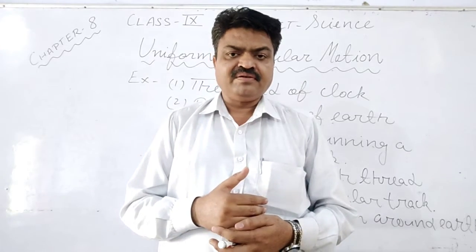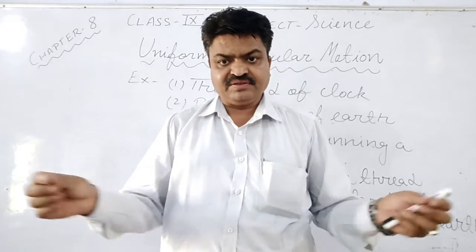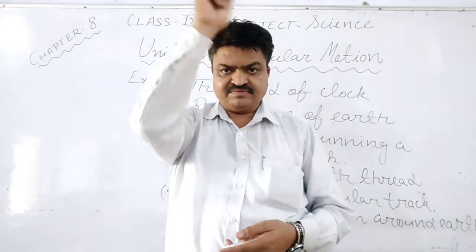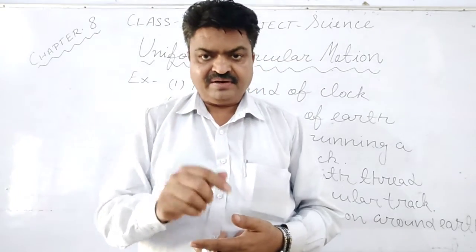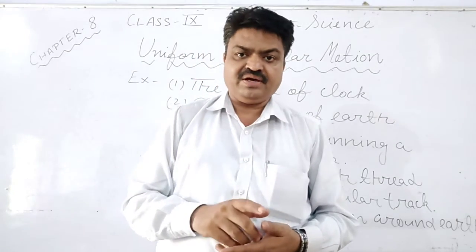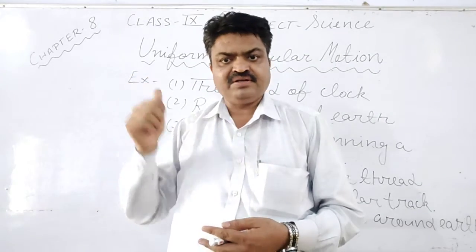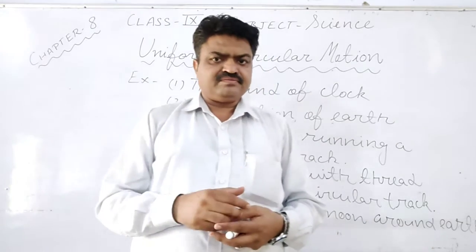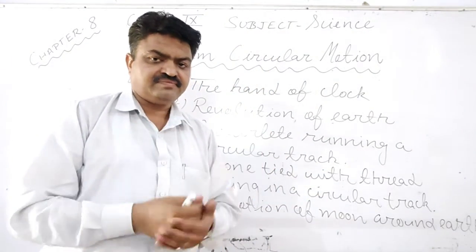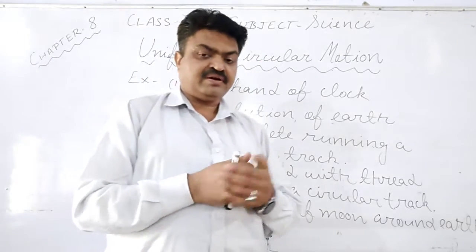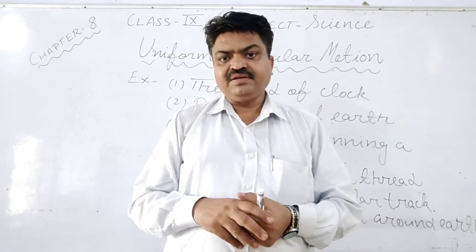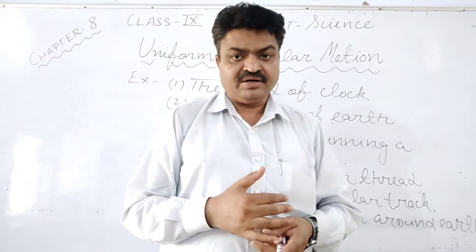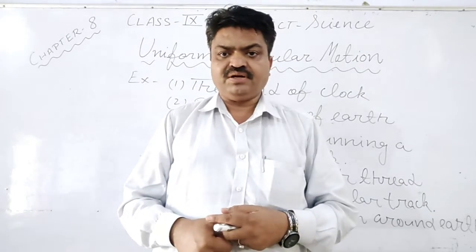Like this, if we tie a stone with a thread and move that thread in this way, the stone will also have uniform circular motion. And the artificial satellites around the earth also move around the earth with uniform circular motion.